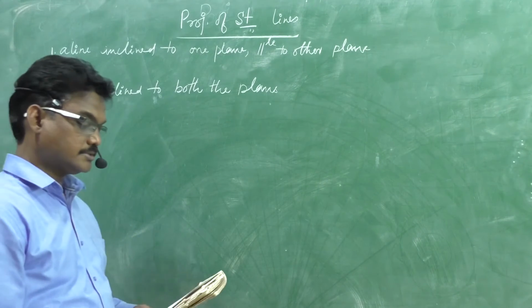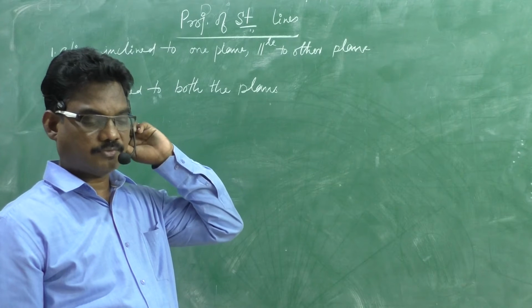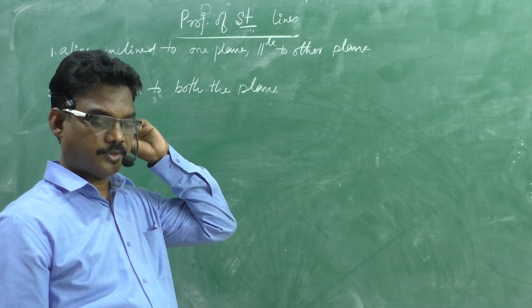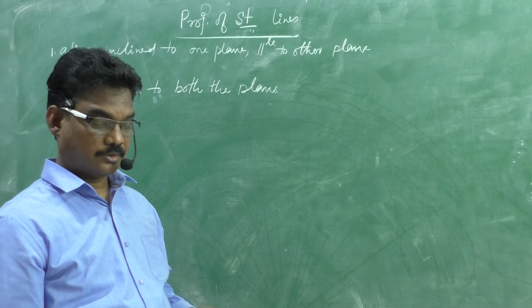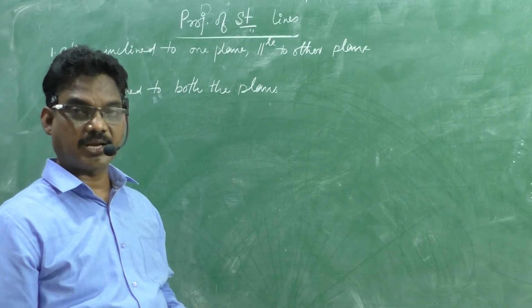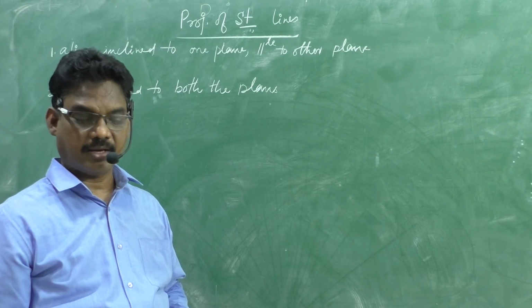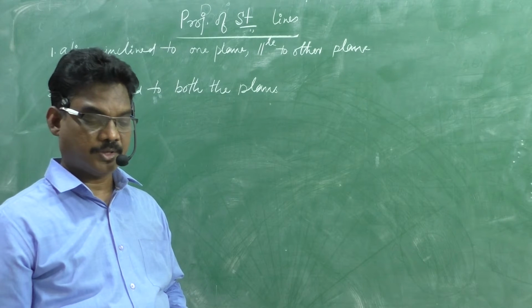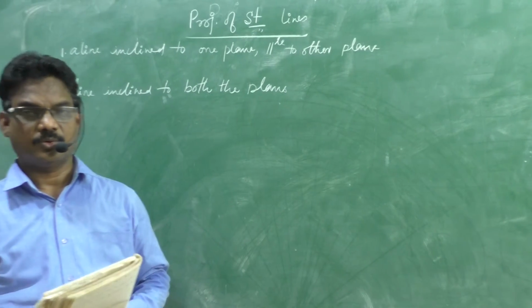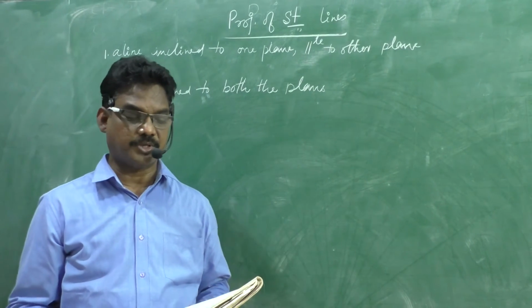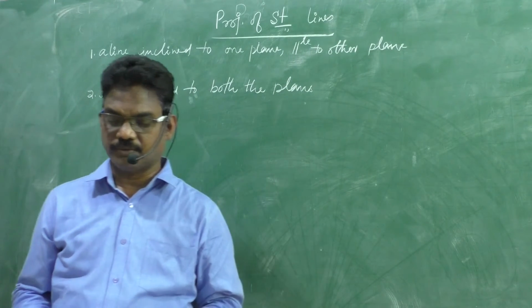A line is inclined at 45 degrees to VP and parallel to HP, and the lower end is above HP 20 mm, in front of VP 15 mm.